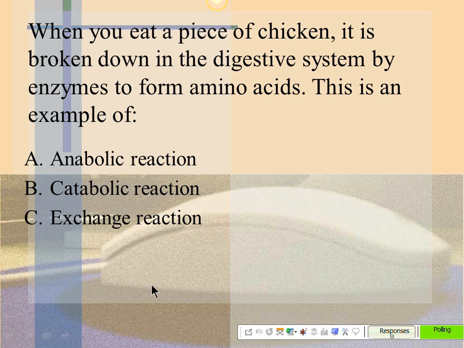So let's look at this. When you eat a piece of chicken, it's broken down in the digestive system by enzymes to form amino acids. What is this an example of?